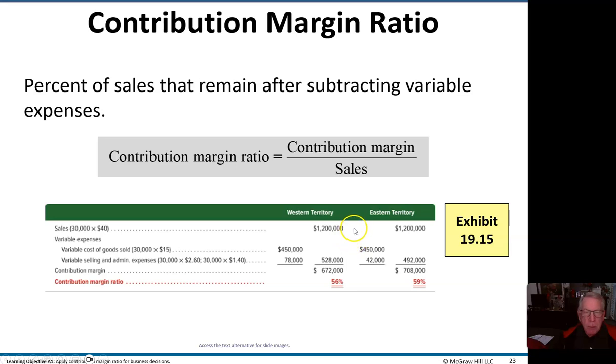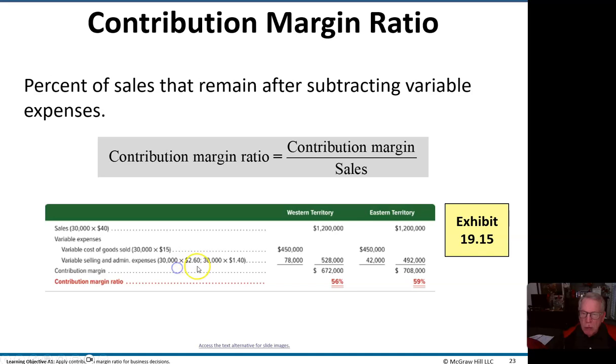Here's an example of that. Western Territory and Eastern Territory, both selling $1.2 million. Now, the variable costs are the same here, but the variable selling and administrative expenses are a little bit different.